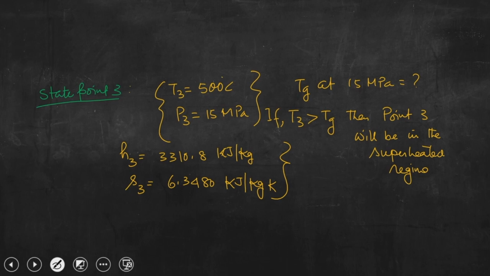If you look at the steam table, you will find Tg at 15 MPa is less than T3. It implies T3, the point 3, is in the superheated regime, and T3 you can calculate by looking at the superheated steam table. So, not only H3 and S3 you can calculate from the superheated steam table.